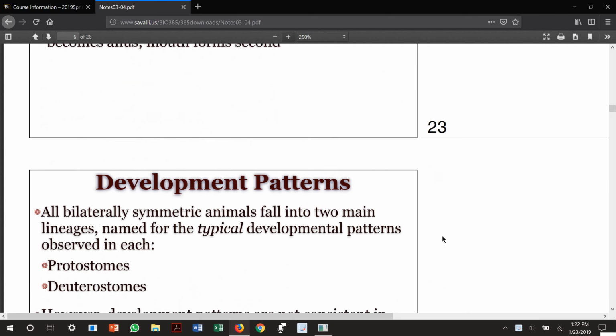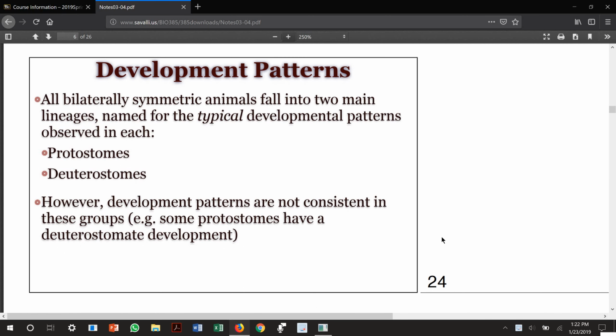And so the reason you've probably heard these terms, protostomate and deuterostomate, is because we also tend to use, for a long time we used this as a basic way of classifying organisms. We used to think that this kind of basic development was phylogenetically important, and it still is, but not as important as we used to think it was.